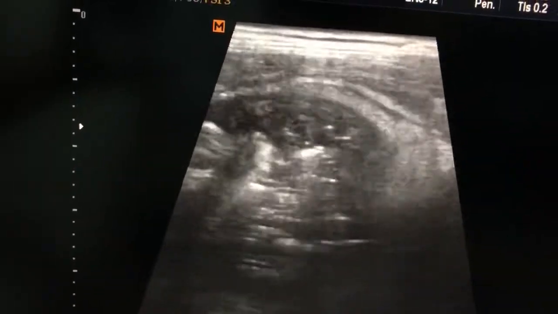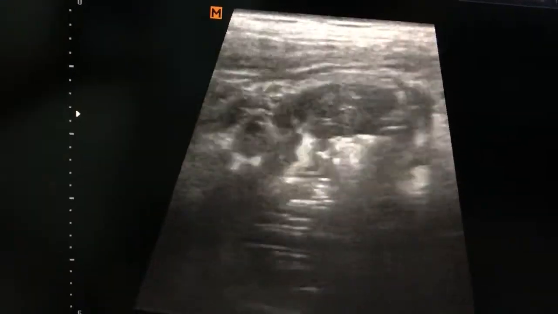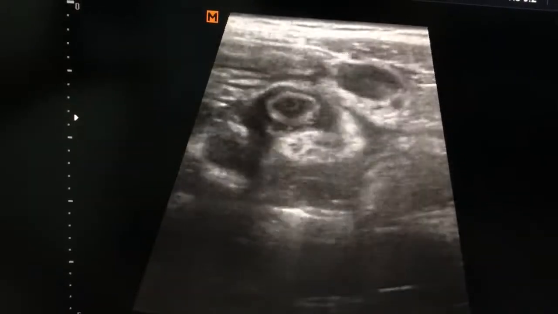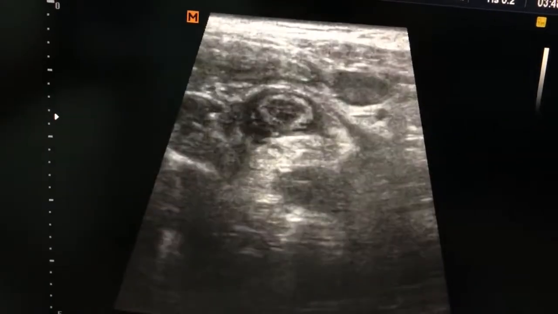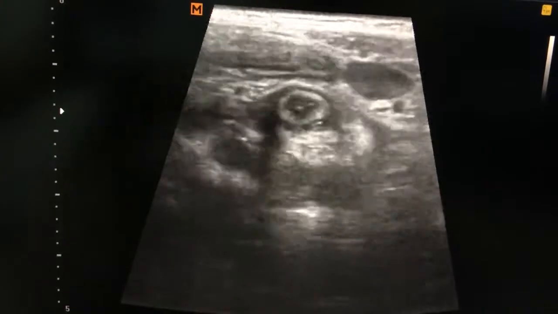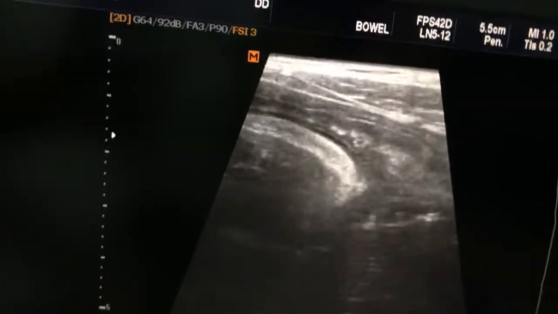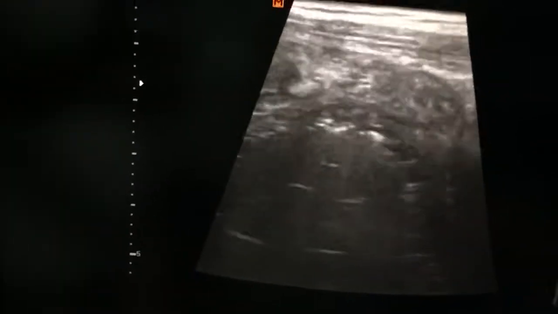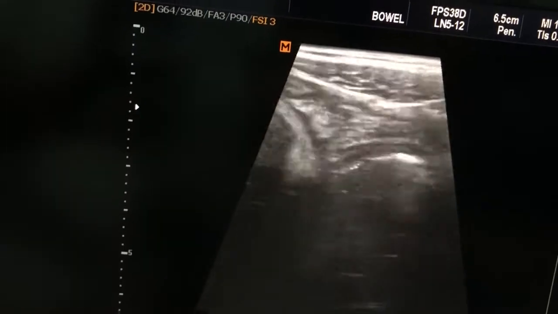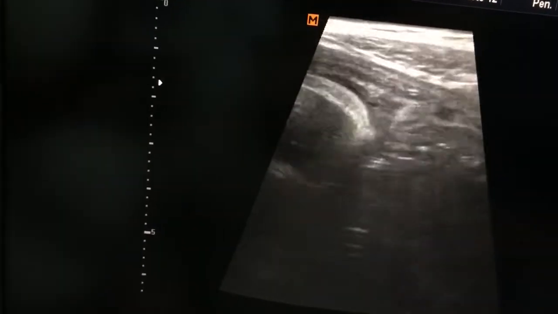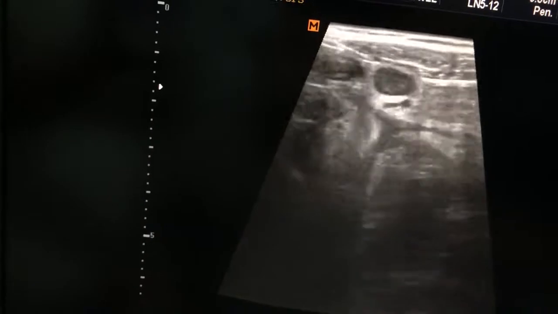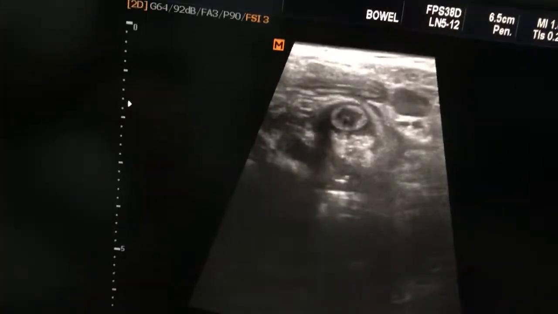So that could be some sort of collection, but this kind of big collection seen around this appendix could be ruptured also. But the main question is that this is having some hyperechoic wall. So this lesion might also be some sort of separate lesion, and on the top there is appendicitis.